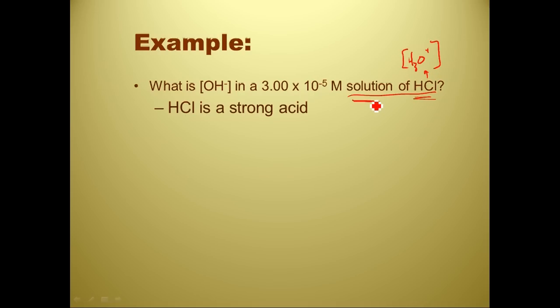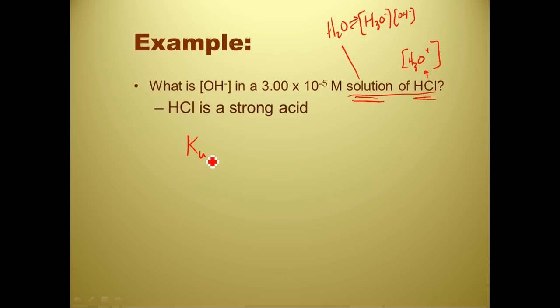It's a solution, which means there's water in it. Water means the H2O is automatically going to self-ionize into hydronium ion, and, oh yeah, it's got to form hydroxide ion also. So this solution of acid is going to have hydronium and hydroxide in it.